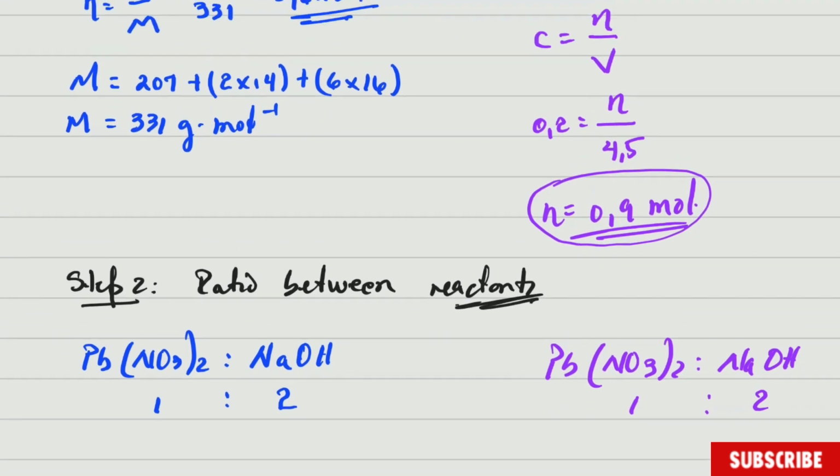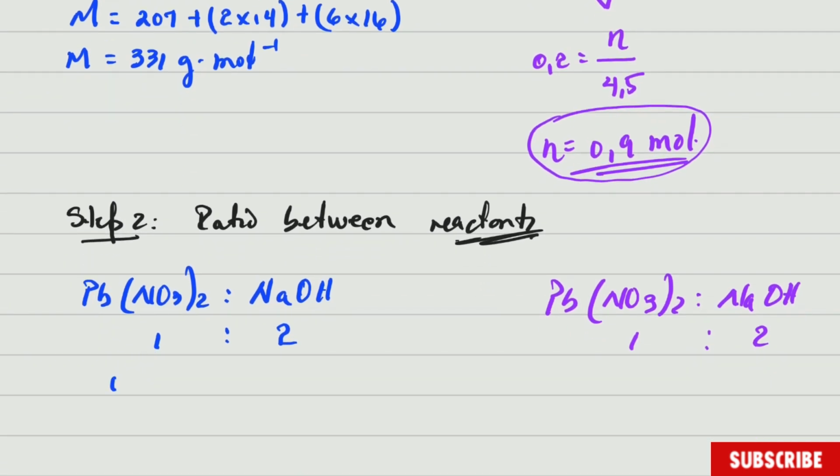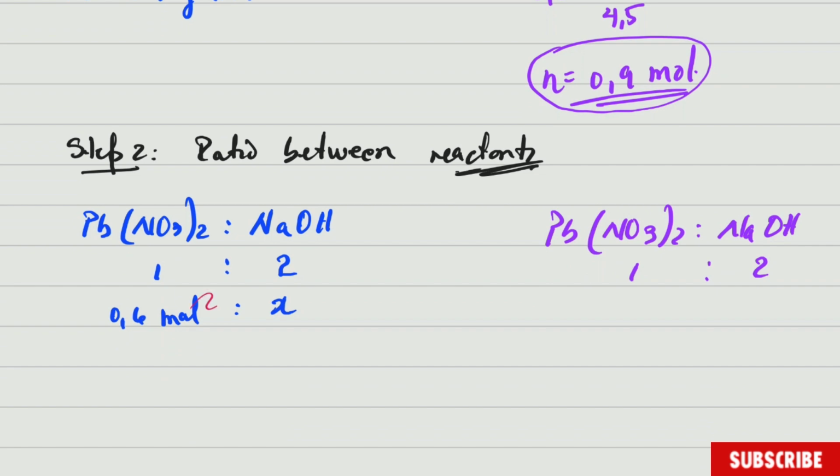For lead, we said if we have 0,6 mole of lead, how much of the sodium hydroxide will I need? You do a cross product here, and you get that the number of mole of sodium hydroxide needed is 1,2 mole.